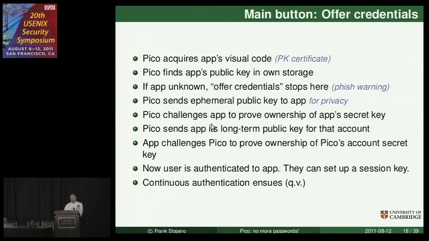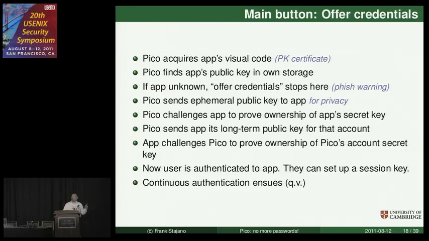So once that happens, then the Pico can send its long-term public key, and then the app also recognizes it, so does its own challenge, mutual authentication, and then they can set up a session key in the usual way, and then they can do the continuous authentication I mentioned, whereby from then on, over the radio channel, the app can keep checking every few seconds that the Pico is still there.